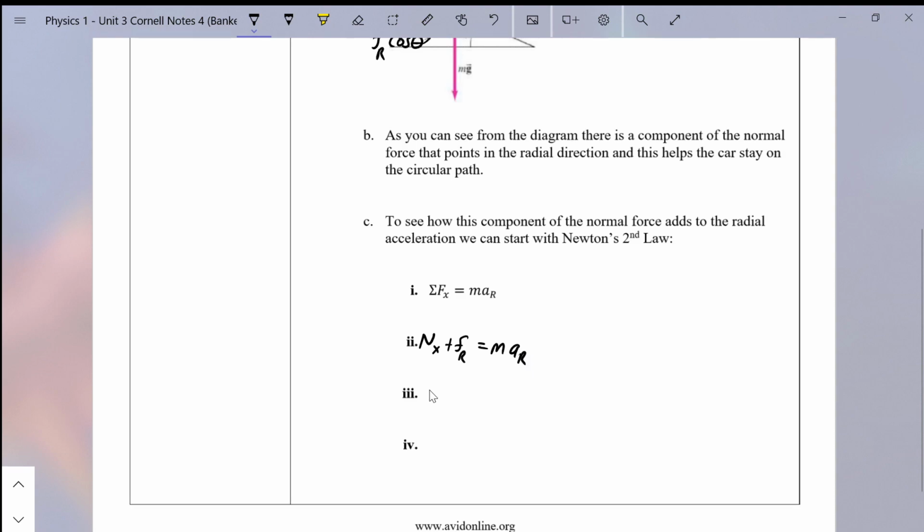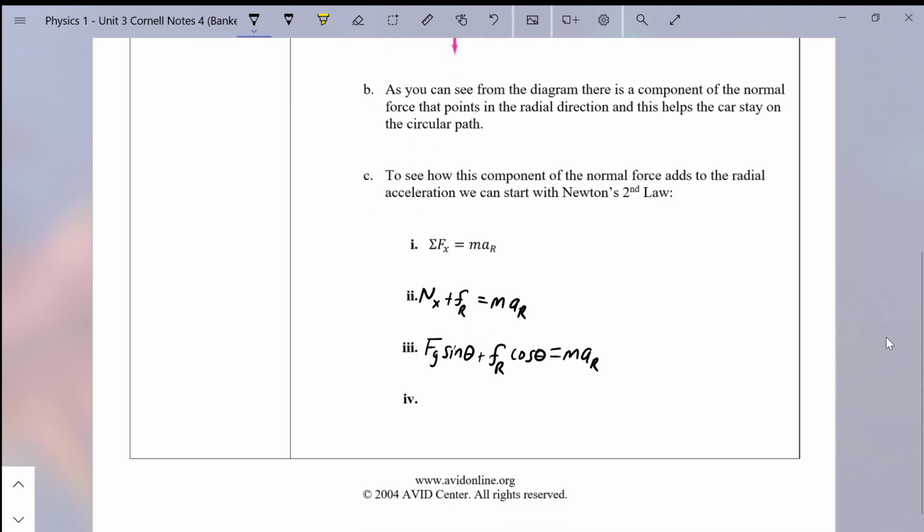From there, we would plug in that the normal force that we concern ourselves with would be Fg sine theta. And the component of the rolling force that we're going to be concerned with will be the rolling force times cosine theta. From there, we could do our regular substitutions.